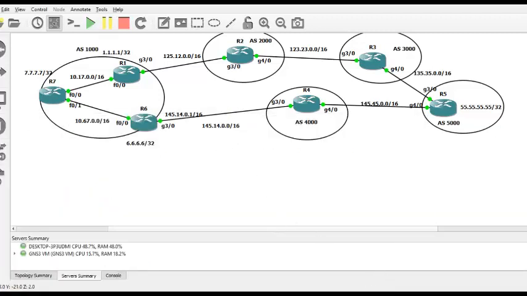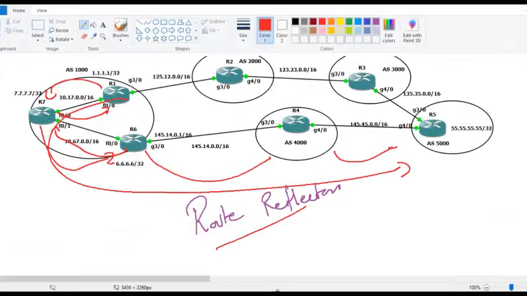You see, router 1 was going this way, which is a long route. Router 7 says, I am going via this path because of shortest AS.